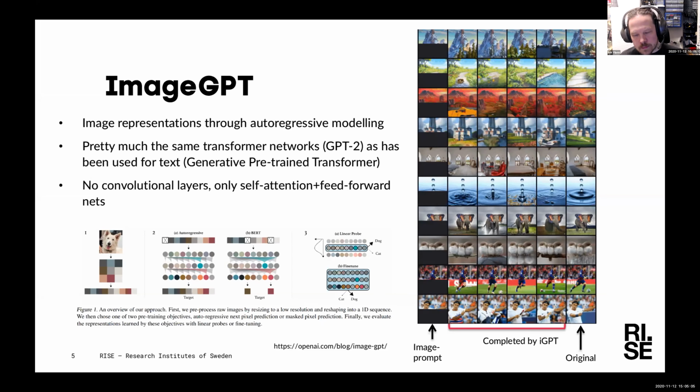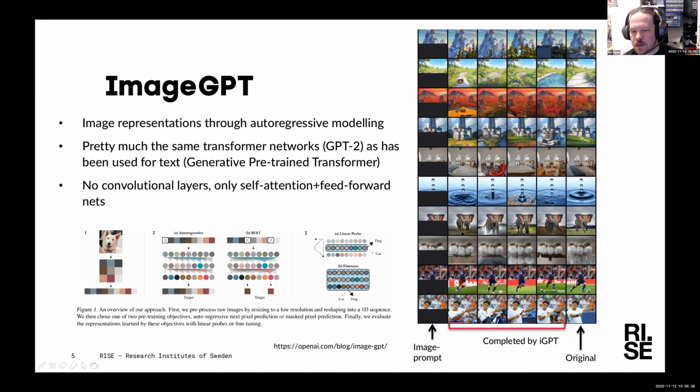Just like language modeling, they also try the BERT masked language modeling objective. What you can see on the right-hand side here is this model filling in obscured parts of images. On the left-hand side, we have an image which has parts of it obscured, and on the rightmost column, we see the original image.